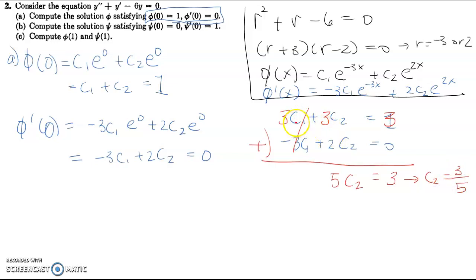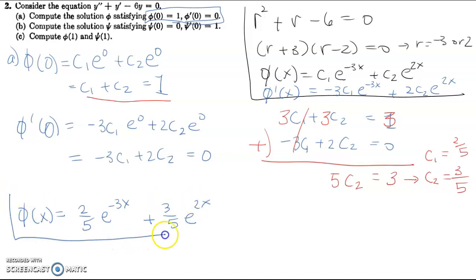From our original equation where c1 plus c2 equals 1, we can easily find that c1 equals 2 over 5, because these two numbers have to add up to 1. So our general equation, phi of x, is 2 over 5 e to the power of negative 3x plus 3 over 5 e to the power of 2x.